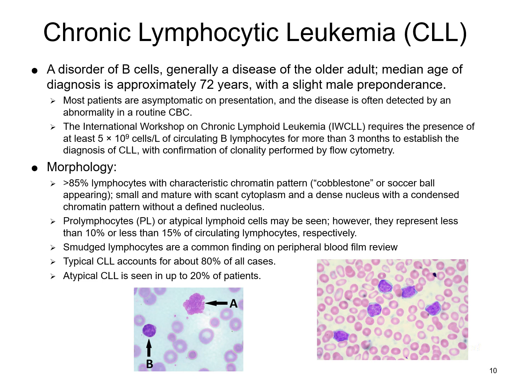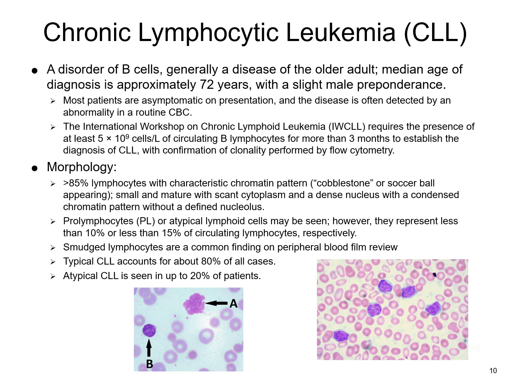Now, morphologically, when you see these patients in the laboratory, about 85% or more of the lymphocytes will have this classic appearance, where the cells appear small and mature with a very scant cytoplasm and a very dense nucleus with a dense chromatin pattern.